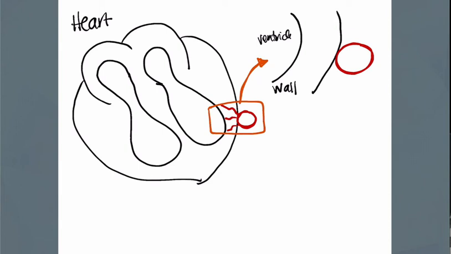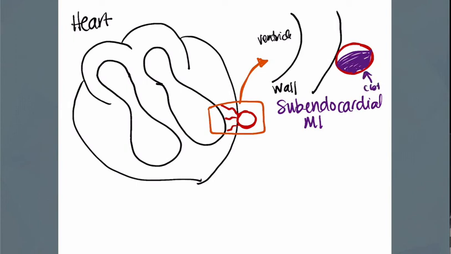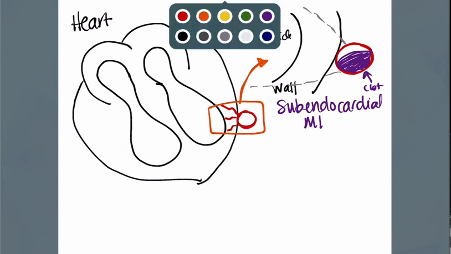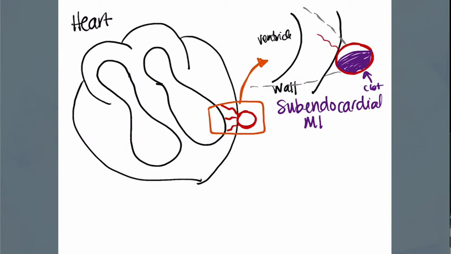Now, in a subendocardial MI, the coronary vessel gets a blood clot, but it doesn't completely occlude flow. So my purple addition is meant to be the clot. And if this coronary vessel gives blood to, let's say, this whole area here, there have to be branches that come across, and oxygen has to diffuse all the way across the wall of the ventricle.